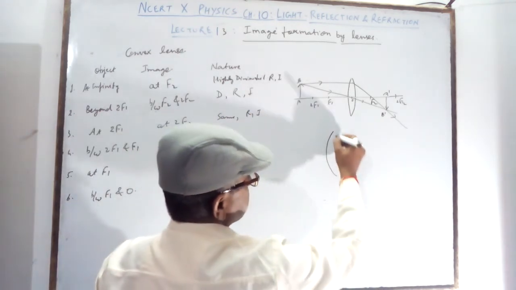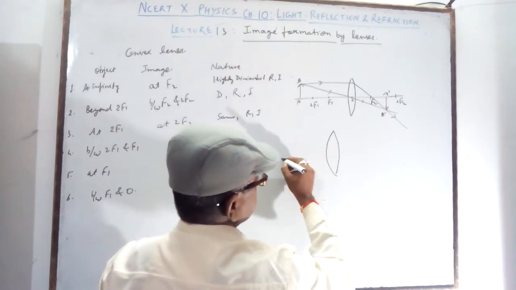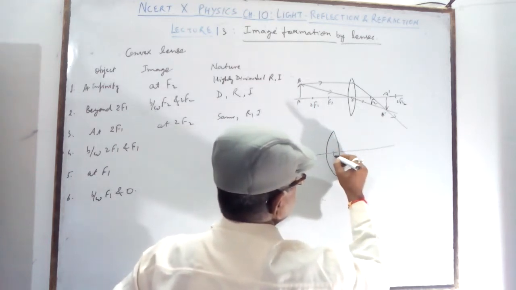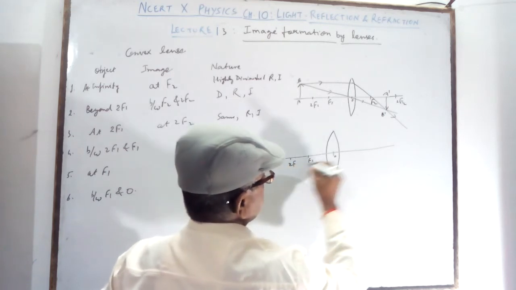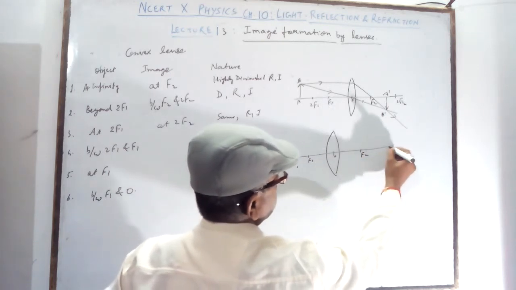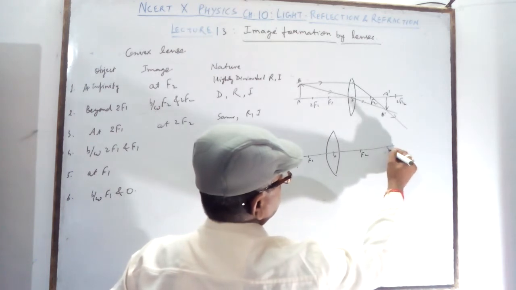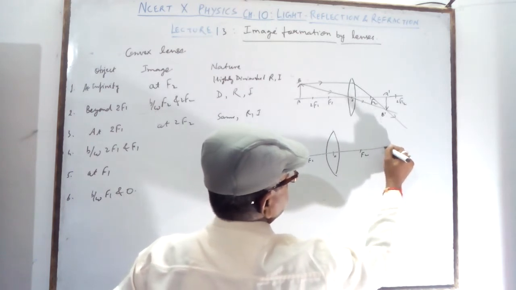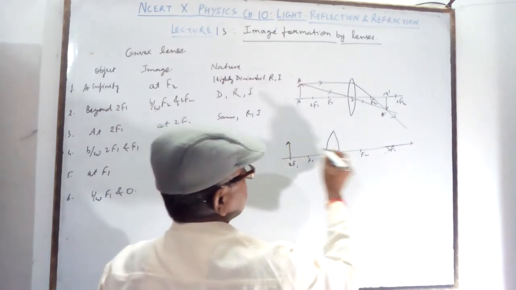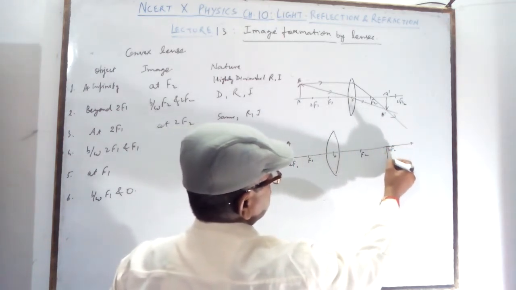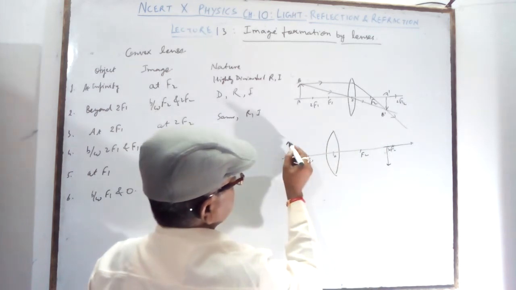You see, same size, real and inverted. The ray diagram for this: here F1, here 2F1, here F2, here 2F2. Then it will be formed at the same place. Here also you draw the same lines for the ray diagram.